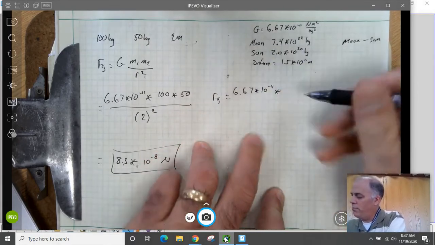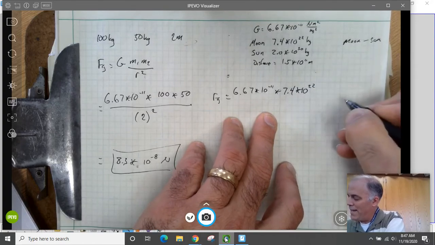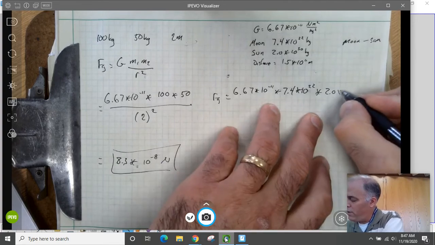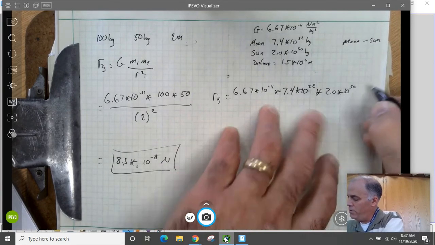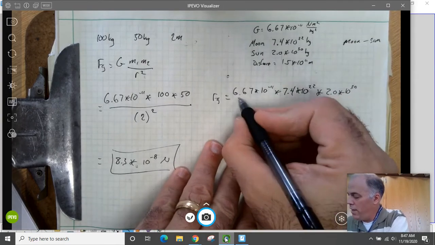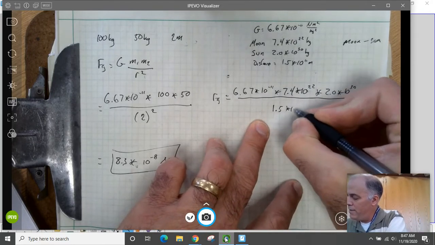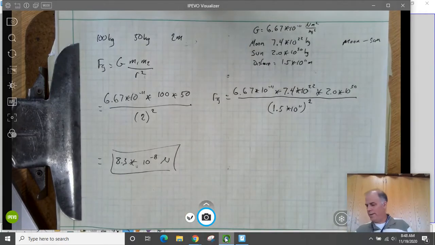Now we need the mass of the moon, which is 7.4 times 10 to the 22nd kilograms, times the mass of the sun, which is 2.0 times 10 to the 30th kilograms. The sun is way, way bigger than the moon. And we're going to divide that by the distance between them, 1.5 times 10 to the 11th meters, and we have to square that quantity.